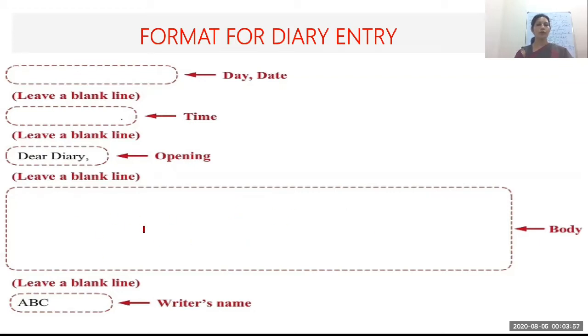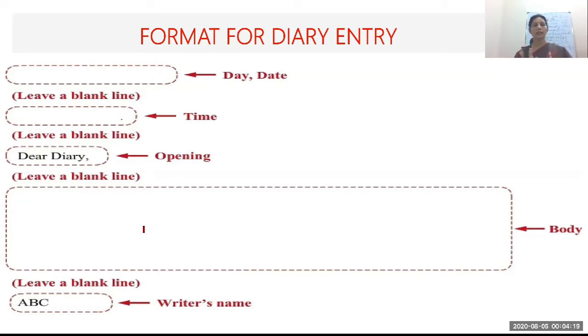diary entry, you should write, and children always adhere to the word limit in the diary entry. Sometimes in the question only, they might have given you: write the diary entry in 70 to 80 words or 100 to 120 words. So always strictly adhere to the number of words. Never cross the limit.